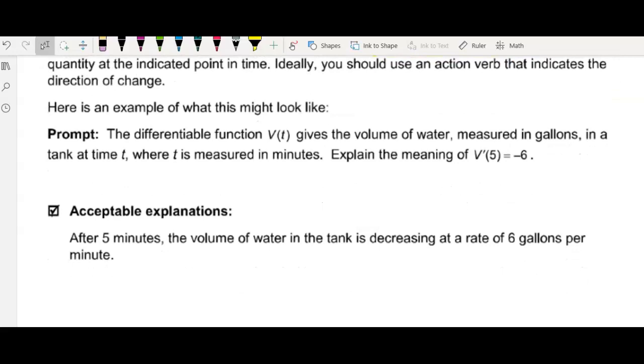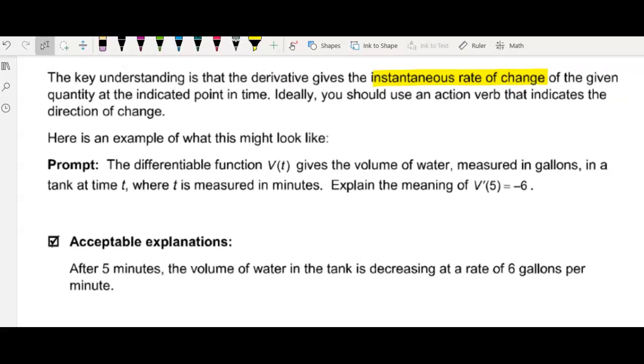Here is an example of what this might look like. The differentiable function v of t gives the volume of water measured in gallons. So v of t is measured in gallons in a tank at time t, where t is measured in minutes. Explain the meaning of v prime of 5 equals negative 6.